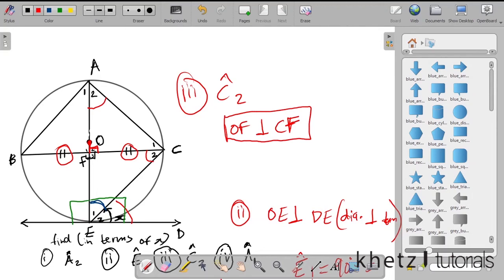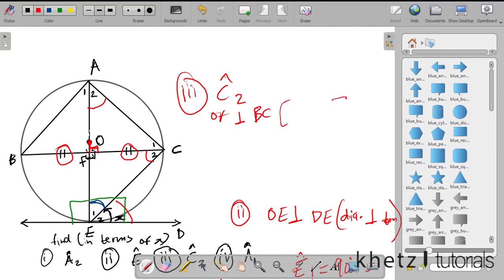Also, if you have a radius perpendicular to a line, then you have two equal sides. So that is what the theorem says. It has two sides. There's the original theorem and there's the converse. So basically, what we've concluded now is that OF is perpendicular to BC, or FC, doesn't really matter.